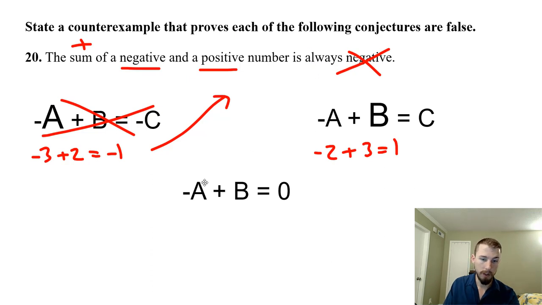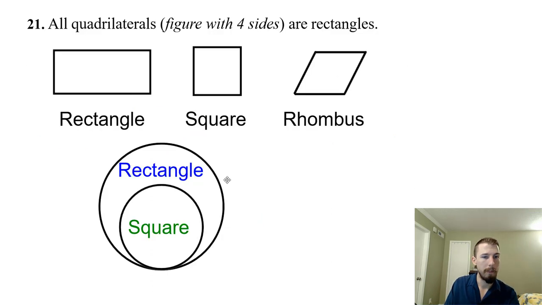So another one also is when A and B are the exact same size. So for example, if we did -2 plus +2, that would be equal to 0. And 0 is technically non-negative. It's non-positive as well, but we just say it's non-negative. So this would be a counterexample as well. Just give me one example. We'll be just fine.